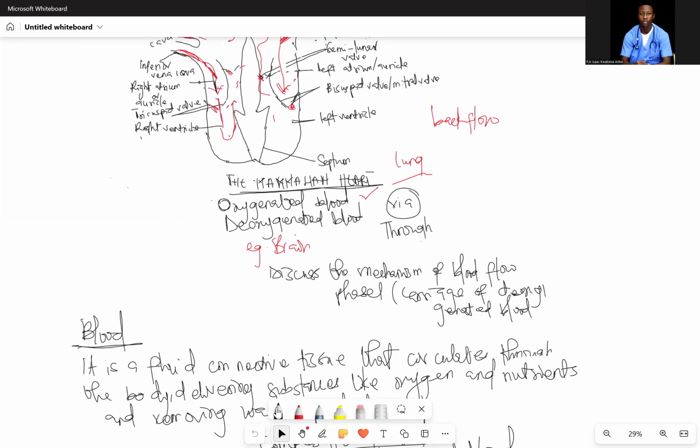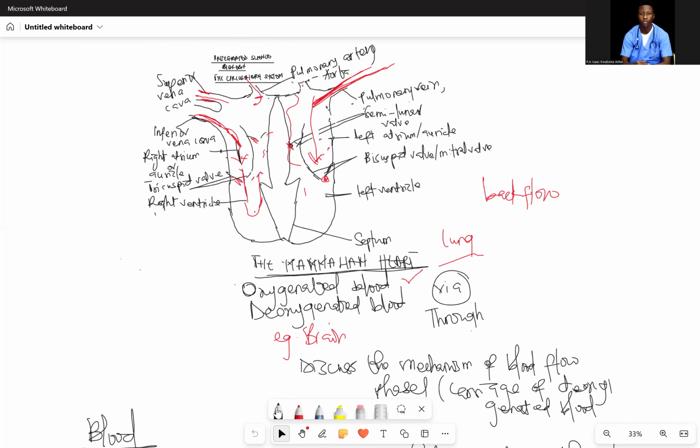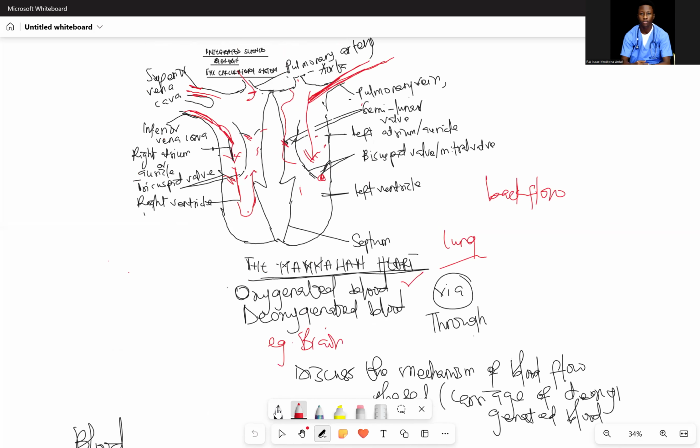I believe you can see the atrium. There's a right atrium, left atrium, then the ventricles are below. When we talk about hole in heart, that's atrial septal defect. That's a hole between the two atriums.